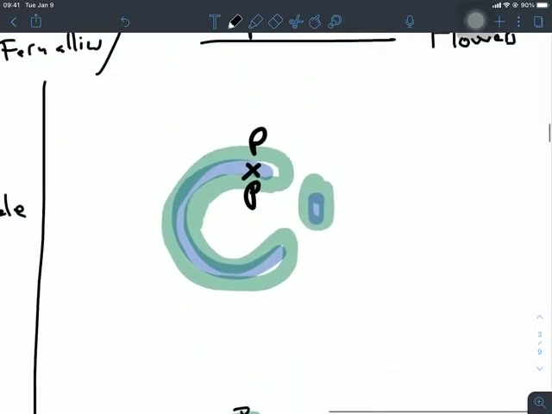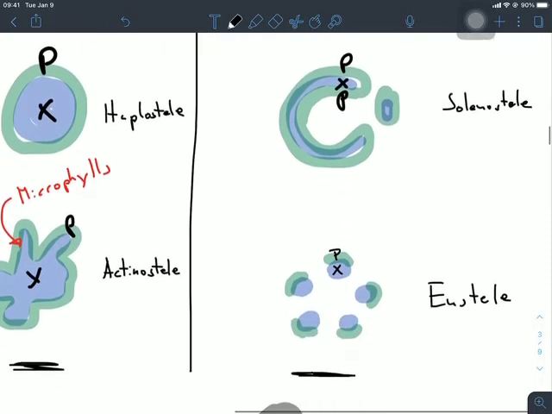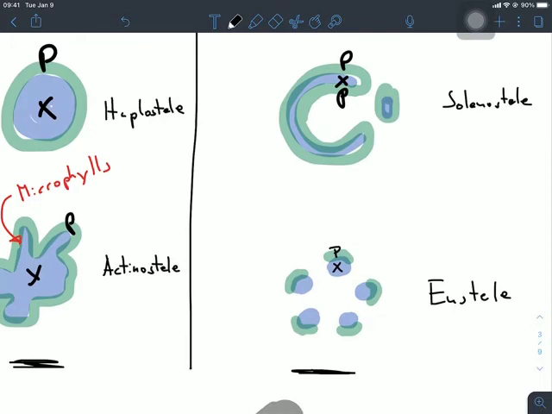And then the type of stele where phloem surrounds the xylem both on the inside and the outside. This is a solenostele. Eusteles do not have phloem on the inside. Eusteles can branch off one of these divots to make a large megaphyll.